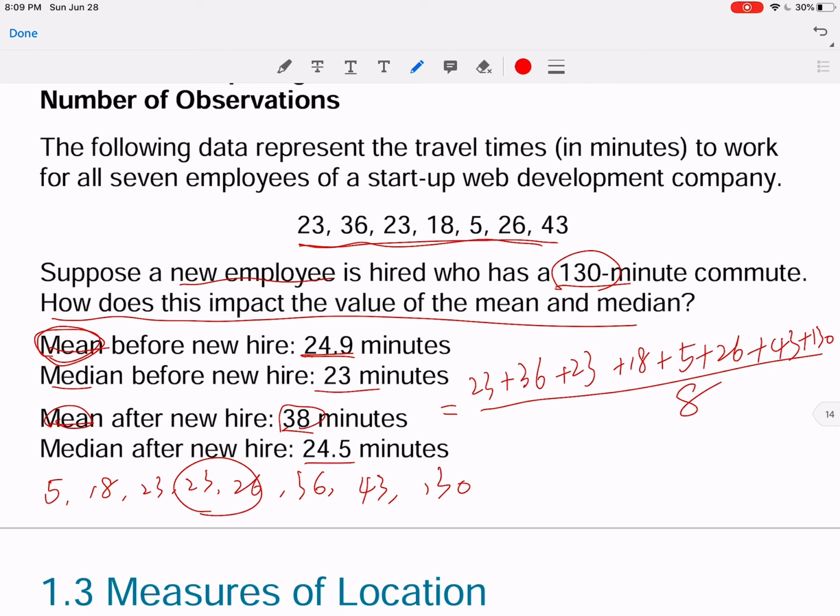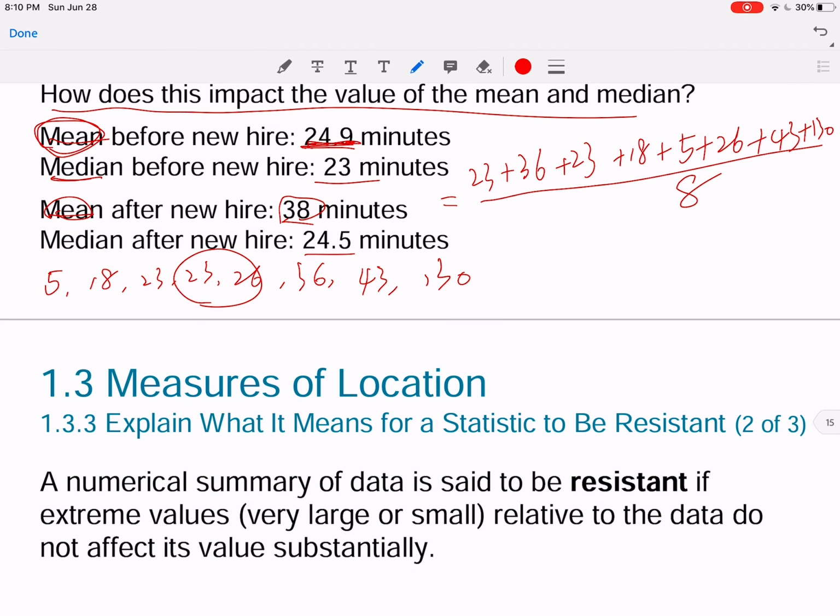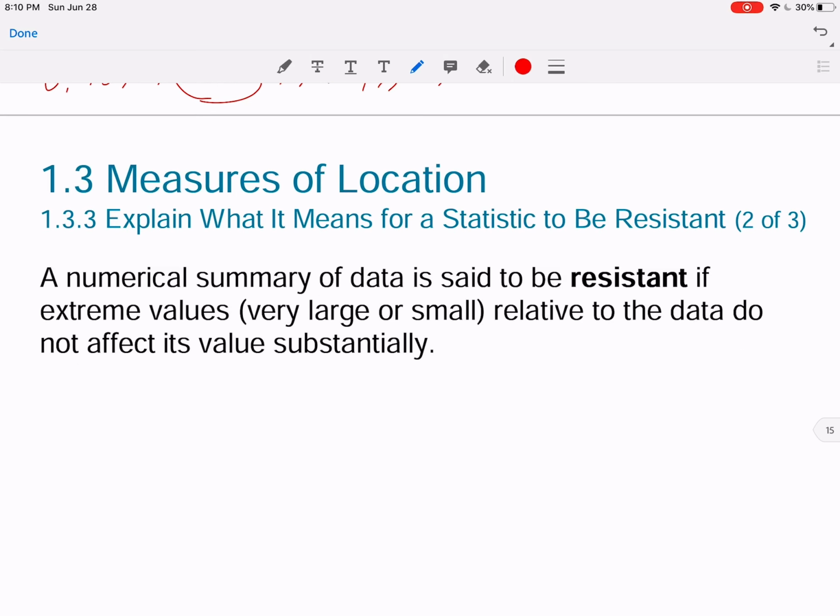So we can make a conclusion over here, which is that the extremely large number affects the mean more substantially, and the median is not affected by the extremely large number that substantially. And we call this kind of numerical summary resistant. Let's take a look at this slide over here. A numerical summary of data is said to be resistant if the extreme values, and when we're talking about extreme values, it could be very large or very small.